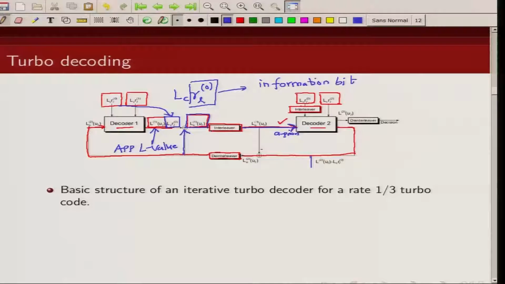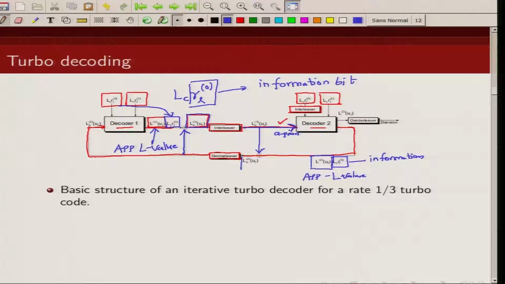Now, how do I compute extrinsic information for decoder 2? The same procedure. This is my APPL value corresponding to the information bit. I subtract from there the contribution of the information bit, which is my LC RL R0 term, and then I subtract the contribution of the a priori information.